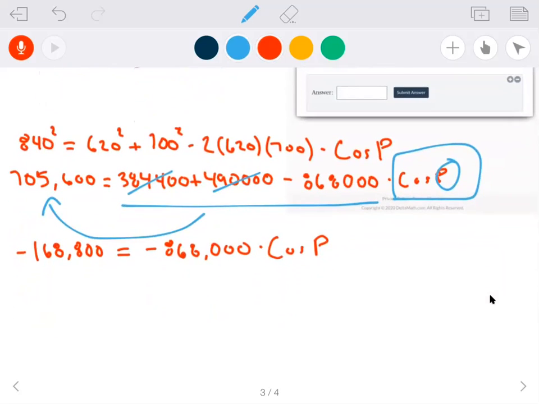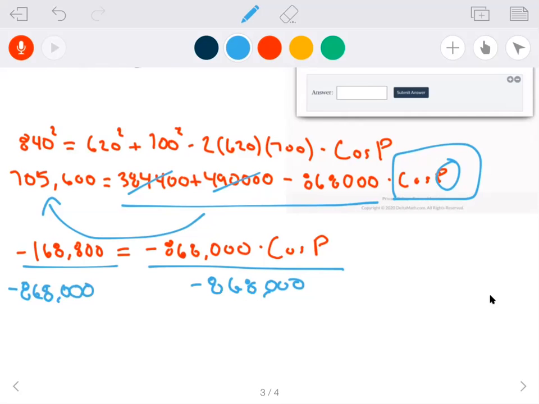How do I get cosine of P by itself? Well, I need to divide both sides by negative 868,000. Actually, I'll write it out. Negative 168,800 divided by negative 868,000.